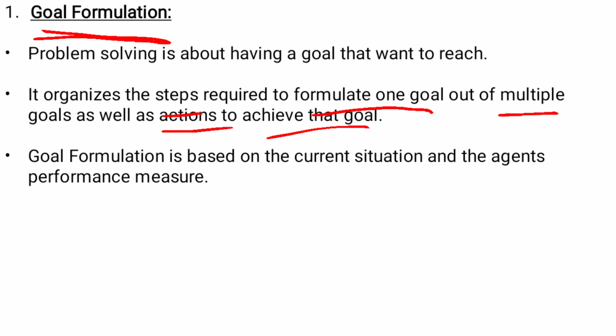In order to have a desired output, it must formulate one objective. So in order to find one objective out of multiple goals, it goes through different steps. Then after selecting the one goal, it takes actions to achieve that goal. Goal formulation is mainly based on the current situation and the agent's performance measure.